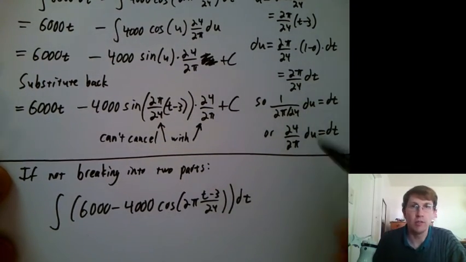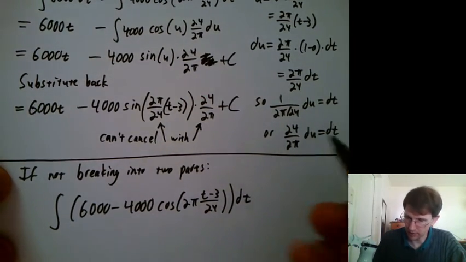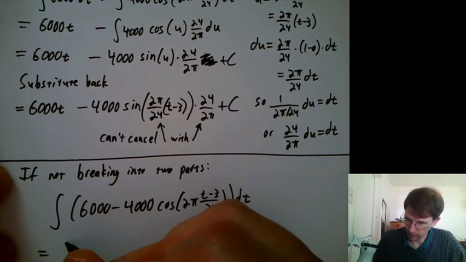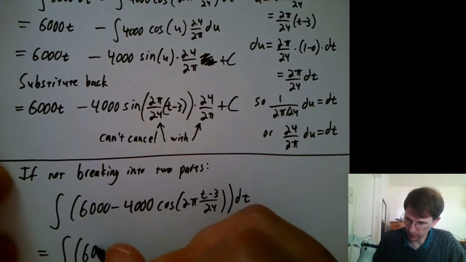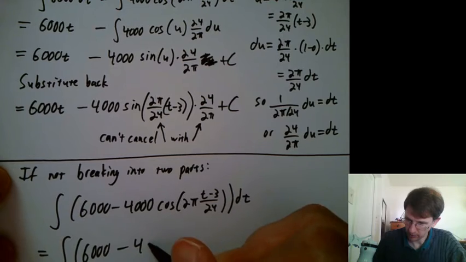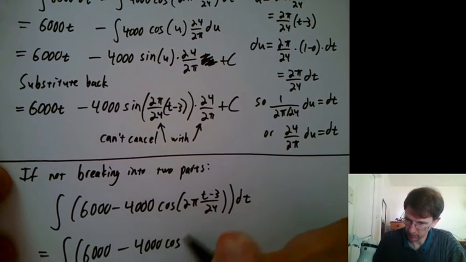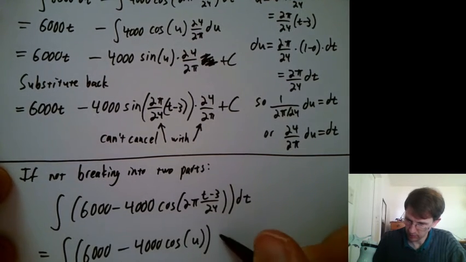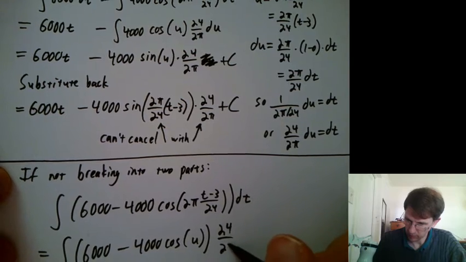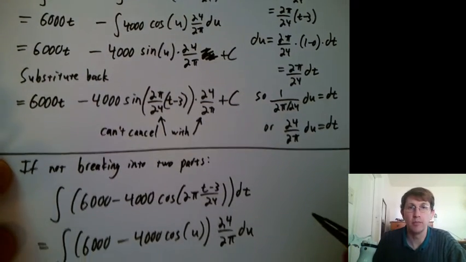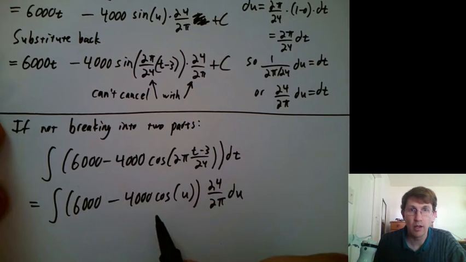We'll use the same u and du dt as before. So we'll have the integral of 6,000 minus 4,000 cosine u, times 24 over 2 pi, du. And then what?